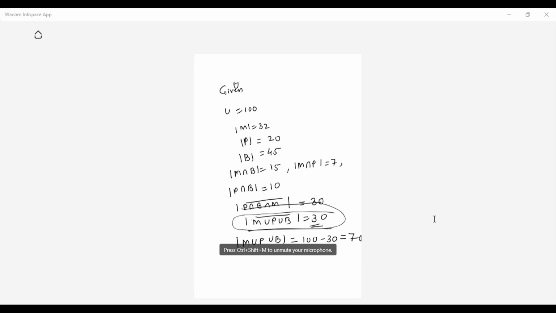Yes, perfect. M intersection P intersection B, we need to find it out, using the principle of inclusion and exclusion. So please substitute the values we have got and tell me the cardinality of M intersection P intersection B.